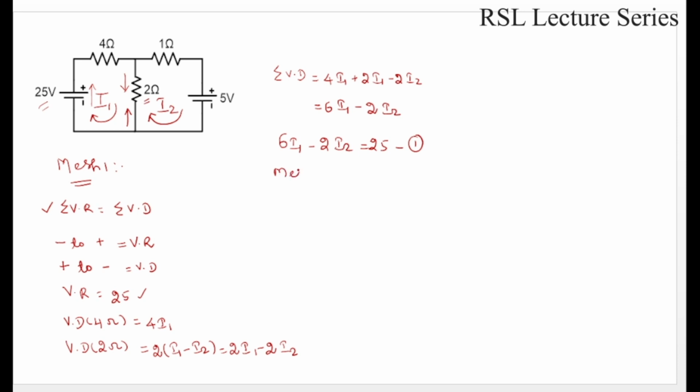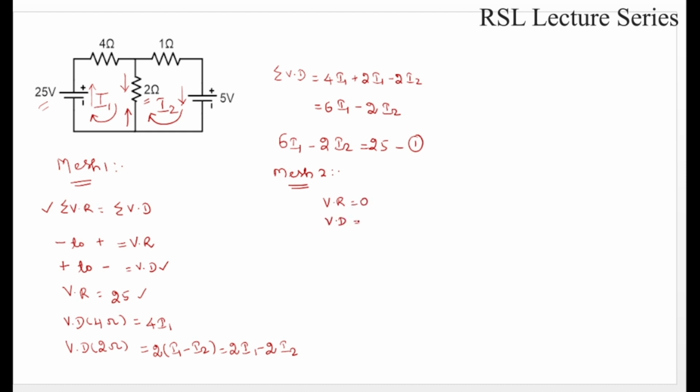Similarly, we can write the equation for mesh 2. In mesh 2 again we write the voltage rise and voltage drops. Current I2 flows in this direction with respect to the 5 volt source, from positive to negative, so it is considered a voltage drop only. We don't have a voltage rise in this case, so voltage rise is equal to 0.